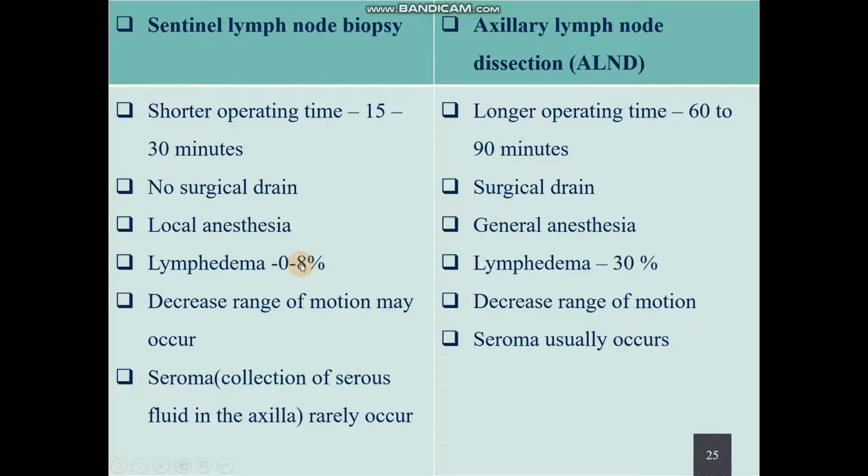Lymphedema only 8% can be expected, but in axillary lymph node dissection, we can expect about 30%. This is almost similar. Decreased range of motion may occur, but there decreased range of motion will be there. Seroma will not be there, but seroma usually occurs. So these are the differences. This also can be asked as a differentiate.